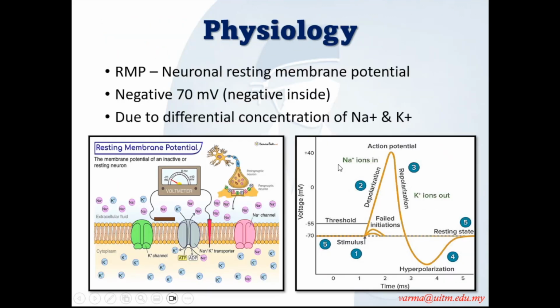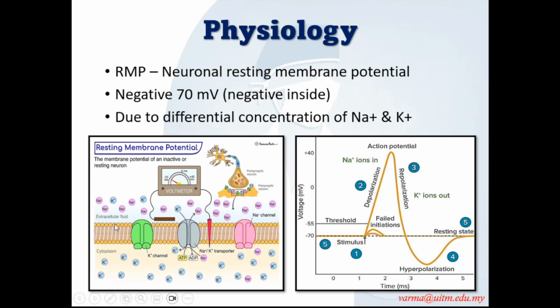So physiology. What happens at the axonal membrane? How is the action potential produced and propagated, in which the LA can block and elicit their mechanism? So when you have an axonal membrane, okay, this is the axonal membrane, you have extracellular fluid and intracellular, the external part and the internal part. This is your cytoplasm. This is your external part.